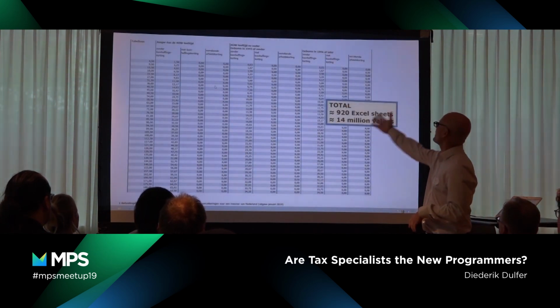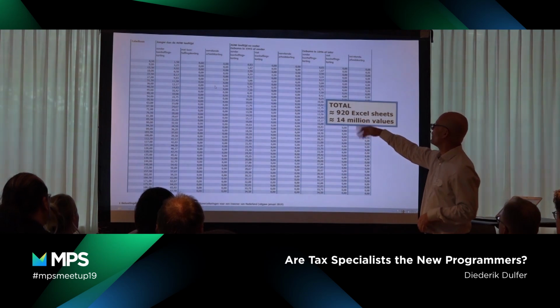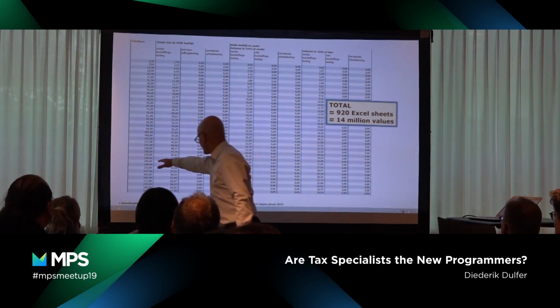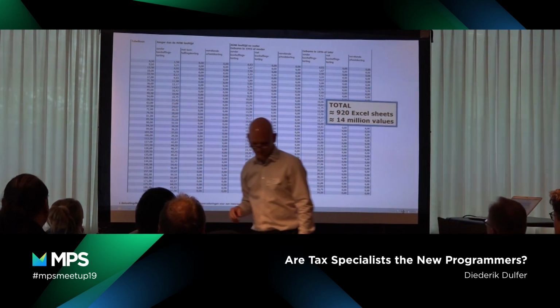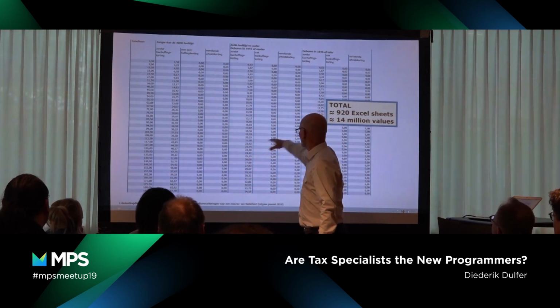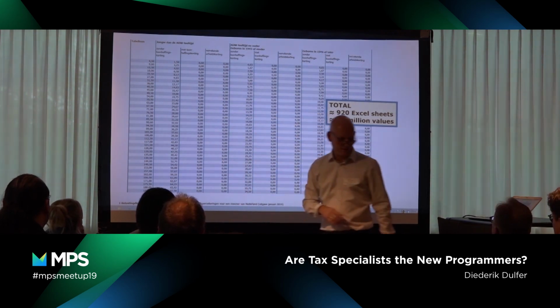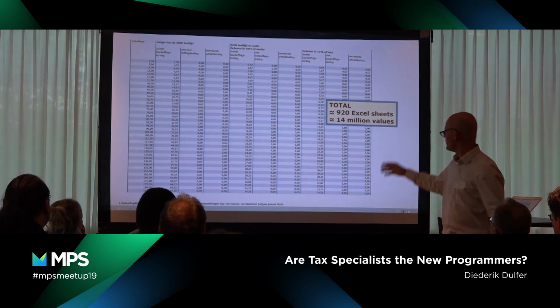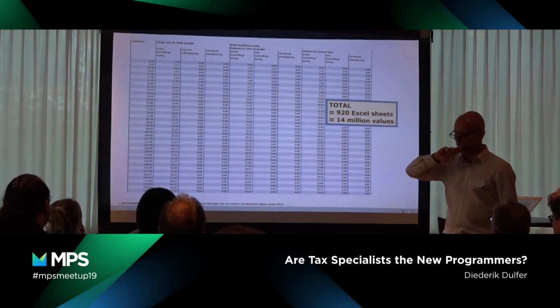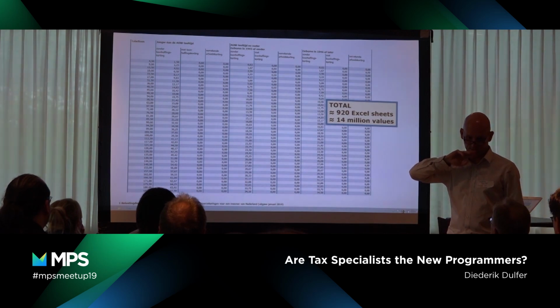So this is how it looks. With this income, for a certain situation, you get the amount of tax deducted.